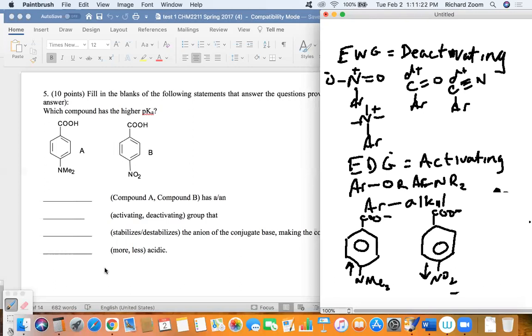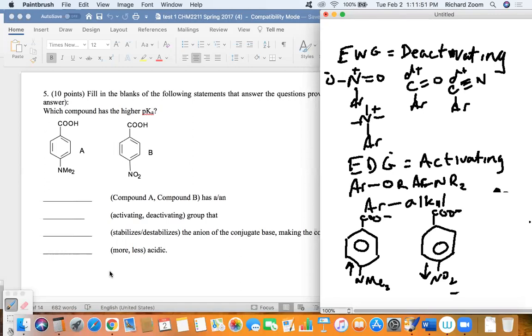But the anion is the conjugate base. It is, but then that makes it more basic, doesn't it? Right, but it's not destabilizing the anion or the conjugate base. It says it's destabilizing the anion of the conjugate base. Right, which it is. But is it? I thought you said the anion was the conjugate base. It is.